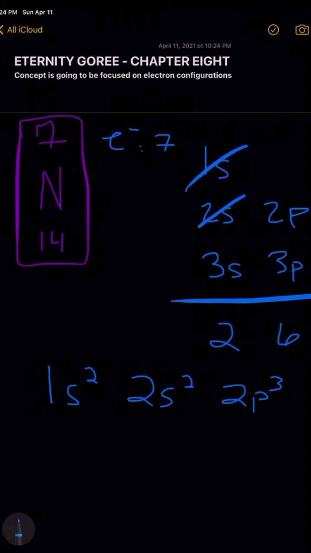We're just only needing 3 because we're getting to 7. If we were doing any other element, you would just go as far as you need to go to get all of your configurations for your electrons.